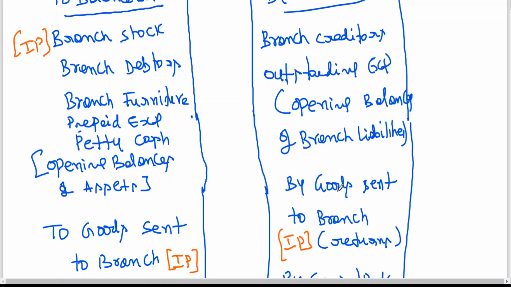See, I initially got goods from head office in Mumbai. Now I am the Warangal branch, transferring goods as per instruction of head office to Hyderabad. With this entry you are writing in the books of Warangal, so for the Warangal branch it is as good as goods returned. So the entry will be goods sent to branch account debtor to branch account.